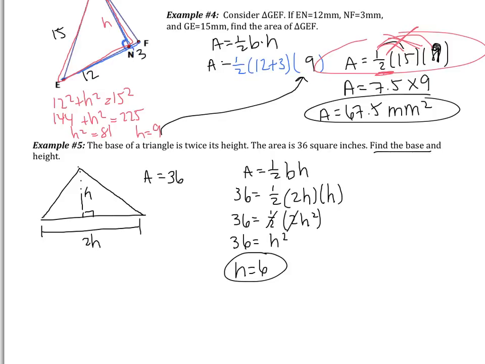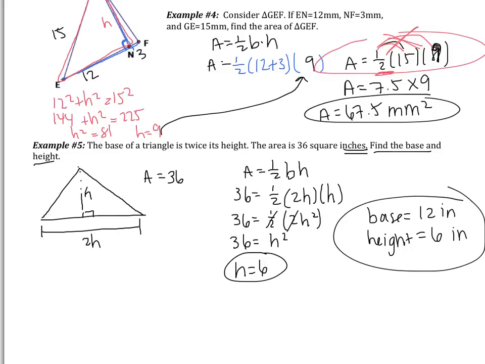And the question actually asks to find the base and the height. So in this case, our height is 6 inches, because I'm told the area is in square inches. The base is 2h, so it's going to be 12 inches. Just as a mental check, let's make sure that our area turns out to be 36.